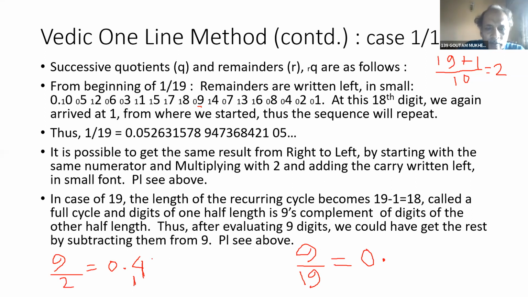14 divided by 2 is 7. Mentally you have to do very quickly. Now 7 divided by 2 is 3, remainder 1. Then 1 becomes 15, divided by 2 is 7, remainder 1.